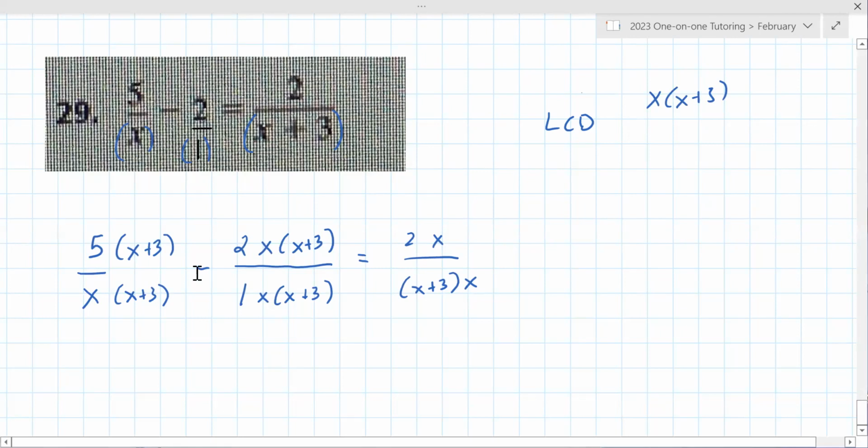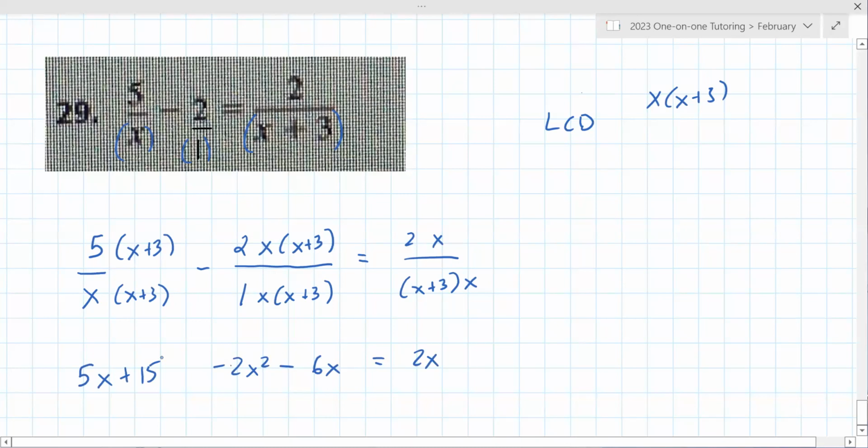Now that negative goes to the 2x, so it's -2x times x times the 3 there. So it'd be -2x squared minus 6x. And then the first one would be 5x plus 15.